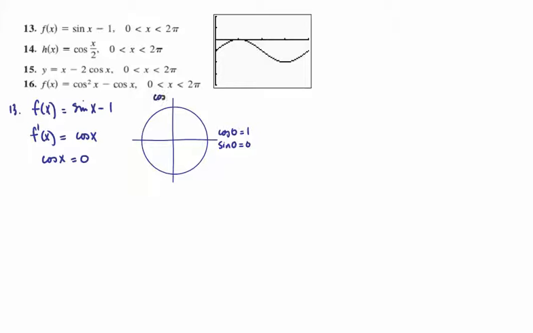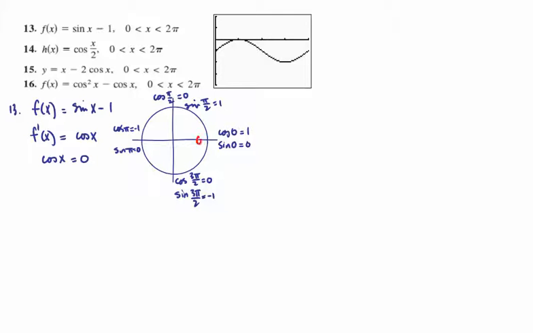We have cosine of pi over 2 is equal to 0, but sine of pi over 2 is equal to 1. At pi, we have cosine of pi is -1 and sine of pi is 0. At 3 pi over 2, we have cosine of 3 pi over 2 is 0 and sine of 3 pi over 2 is -1.